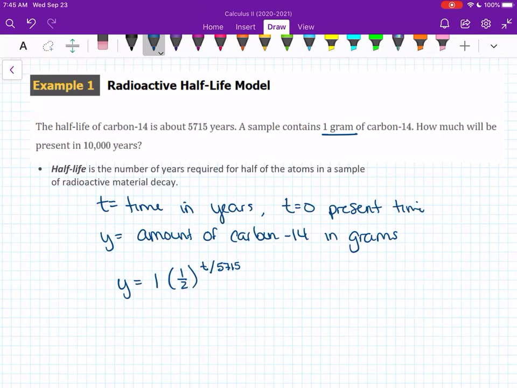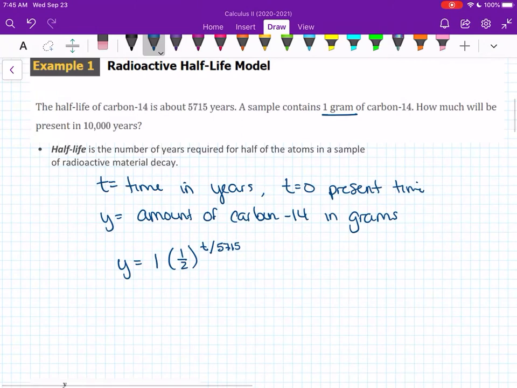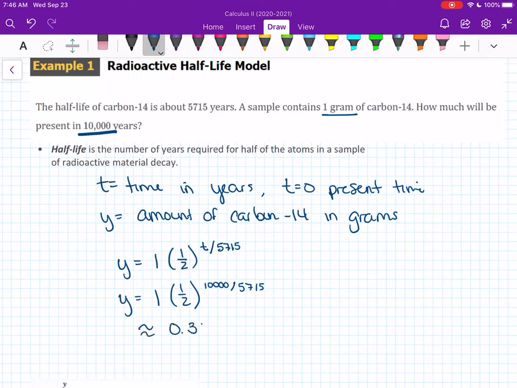Then I want my 10,000 years, so I'm going to plug that in. So y equals 1 times one half to the power of 10,000 over 5,715. You don't have to put that first 1 there, but it's just habit. Then I plug that into my calculator, and I'm going to get approximately 3/10 of a gram.